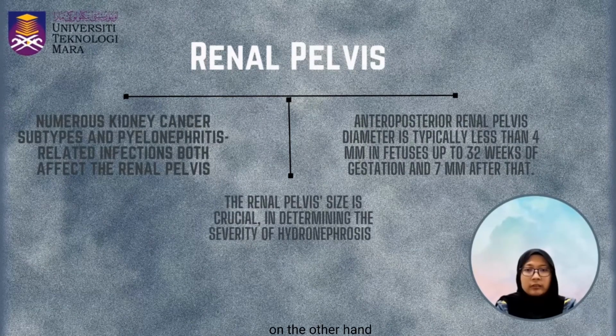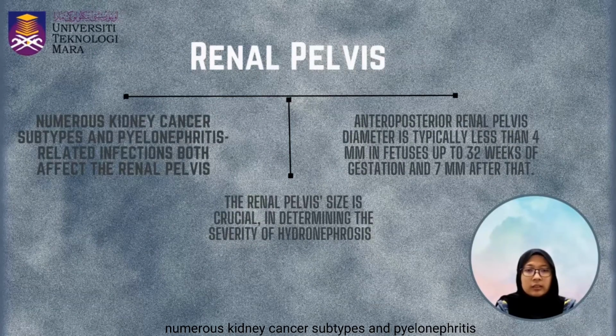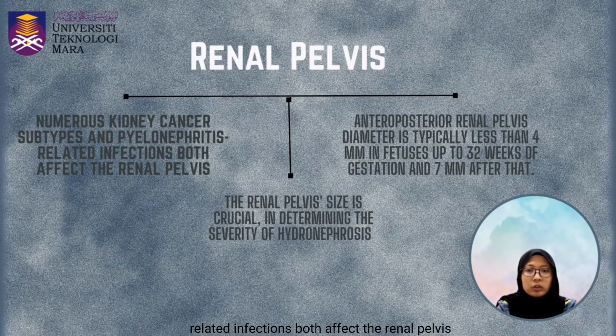On the other hand, numerous kidney cancer subtypes and pyelonephritis-related infections both affect the renal pelvis. The renal pelvis size is crucial in determining the severity of hydronephrosis. For reference, hydronephrosis is a frequent birth abnormality linked to obstructive nephropathy.